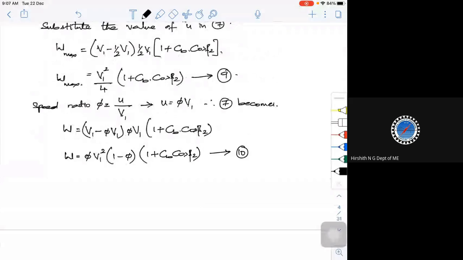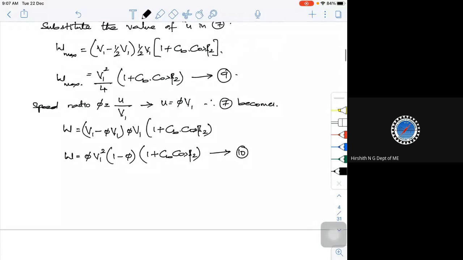So equation 9 is the expression for maximum work done, and equation 10 is the expression for work done in terms of speed ratio, blade angle, and friction, that is cb or k, whatever it was. So these are the expressions we have to look at for the Pelton wheel.